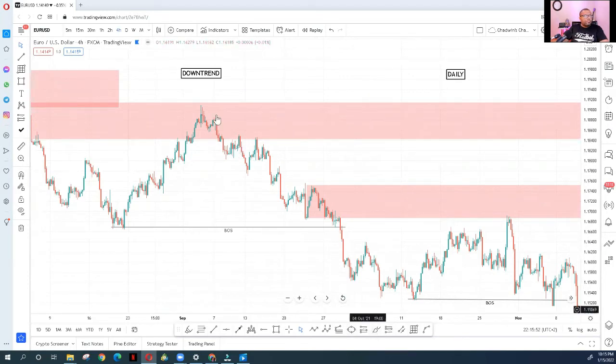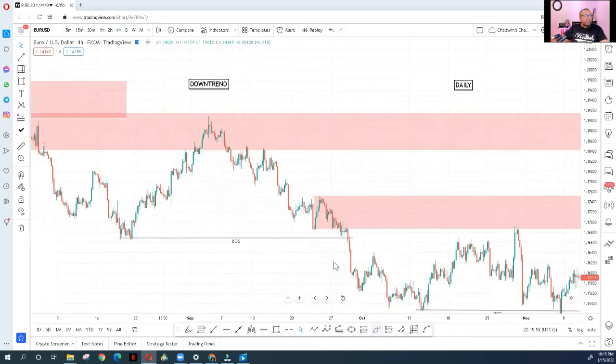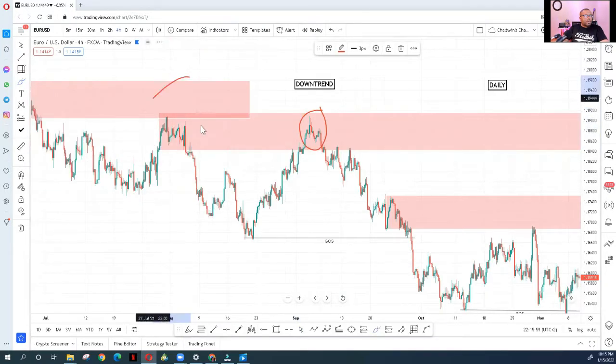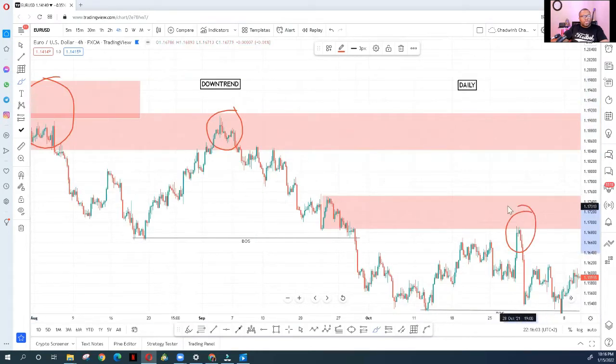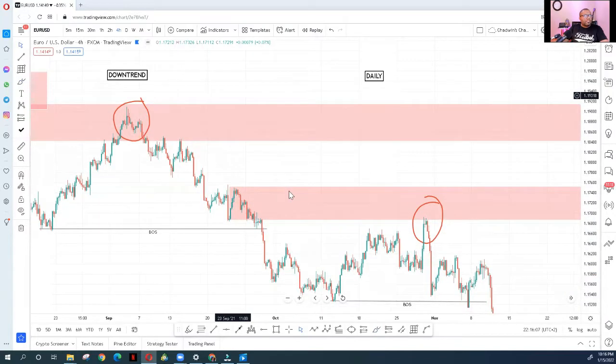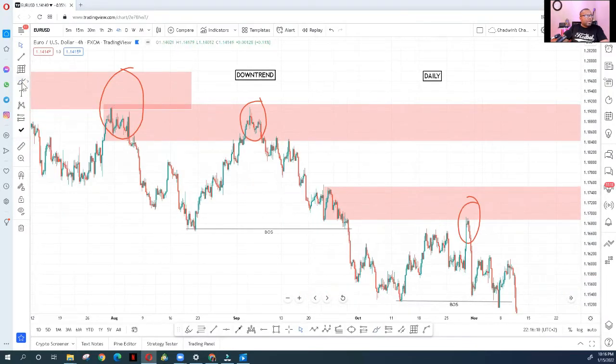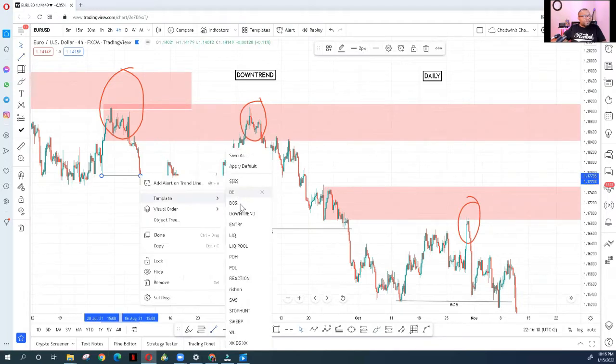So I'm going to start marking off and circling this over here and that over there, and I'm going to screenshot this and save it again. What I am seeing on this particular time frame, the 4 hour, is that we also had a 4 hour break structure, right?